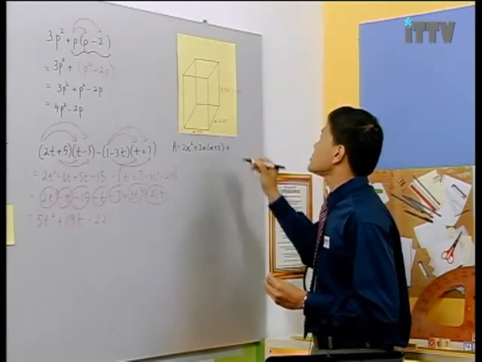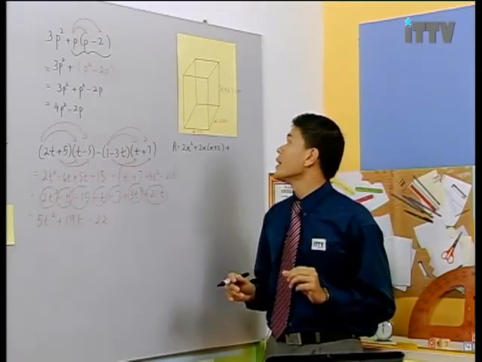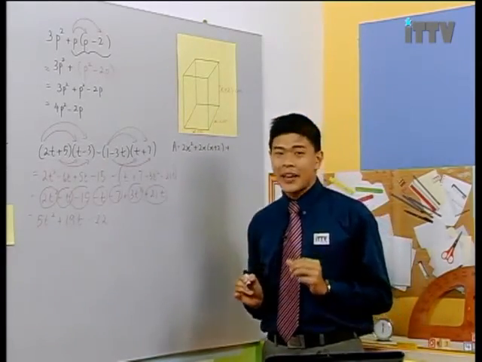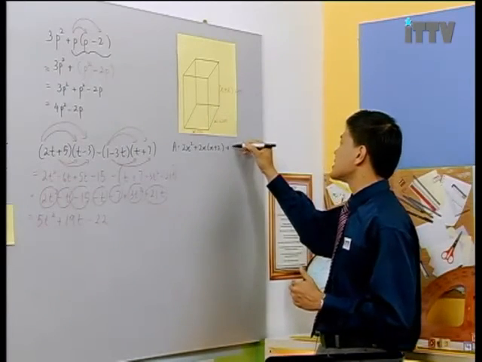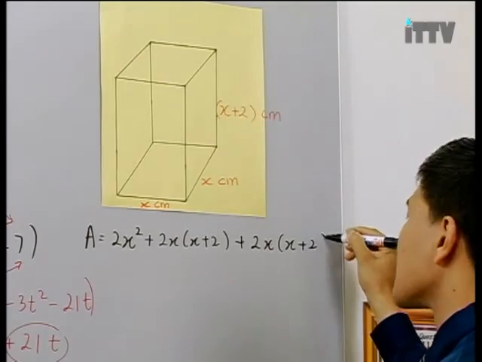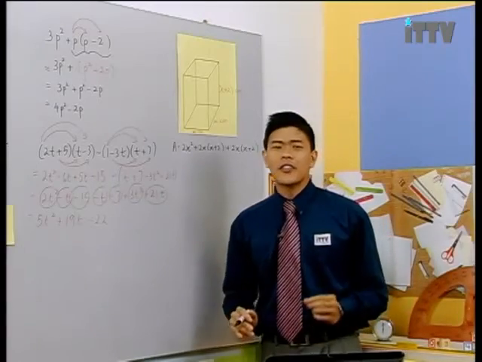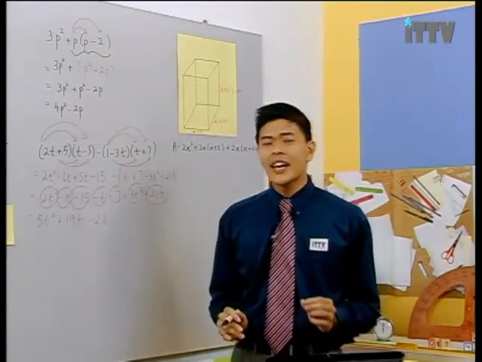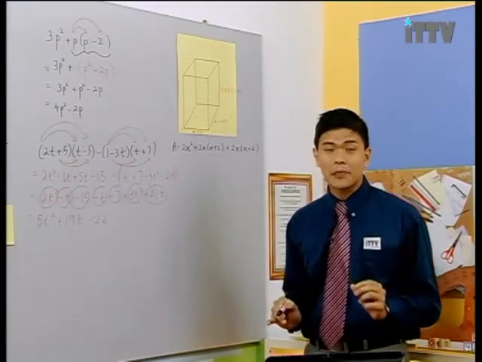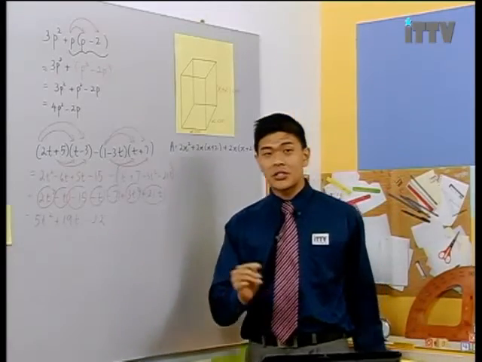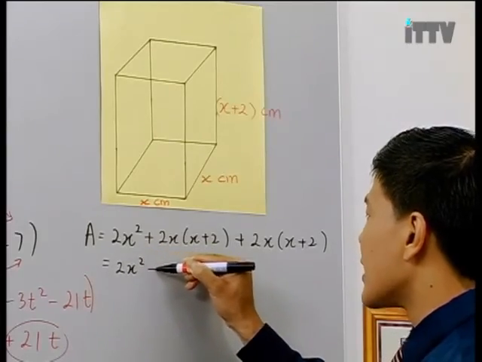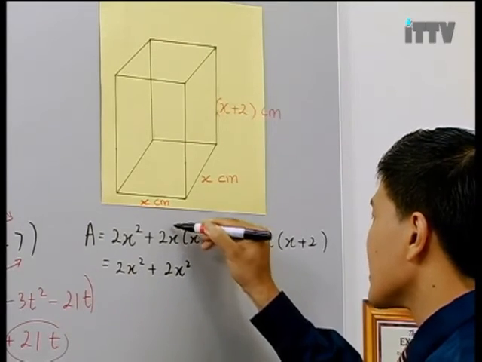And one more, okay, front and back also has the same area of x by x plus 2, and since there are two surfaces, 2x by x plus 2. Alright, so the area of this cuboid can be simplified to a quadratic expression when we expand and perform the necessary operations. Alright, so step by step, okay, until you can add.